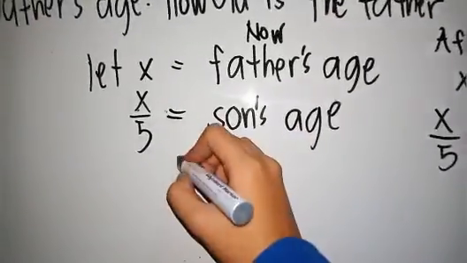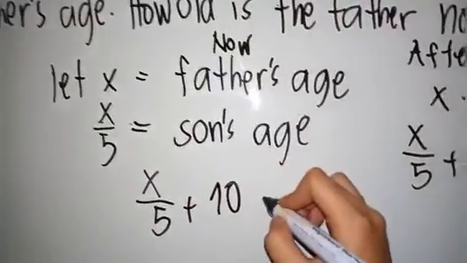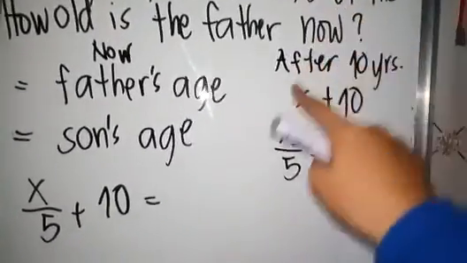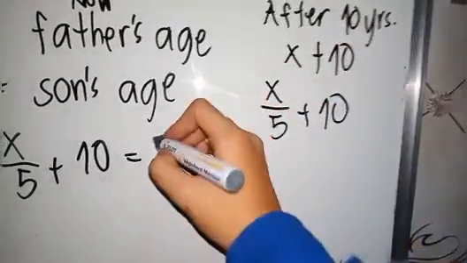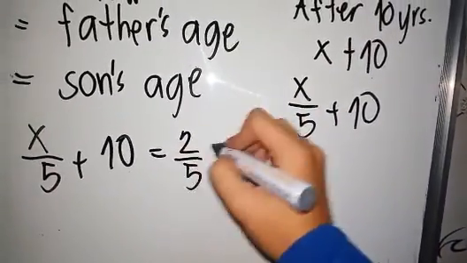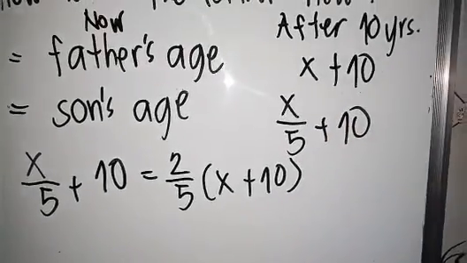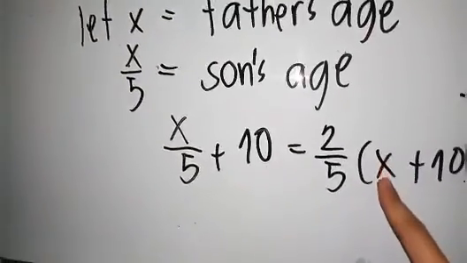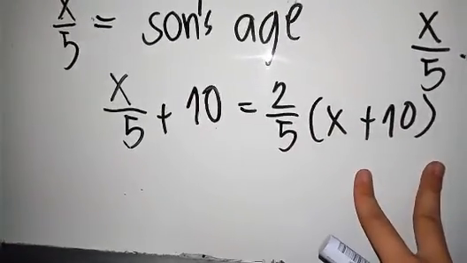So, magiging x over 5 plus 10 is equal to 2/5 of his father's age, which is x plus 10. So, we have 2 over 5 times x plus 10. Okay, so meron na tayo ngayong equation dito na pwedeng isolve para makuha yung ating x.